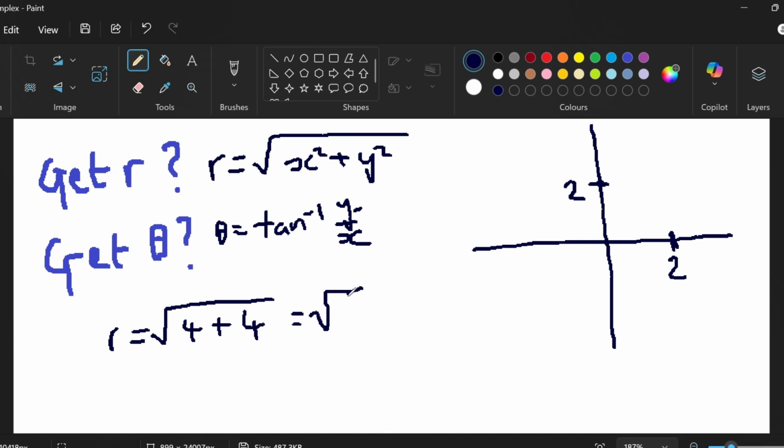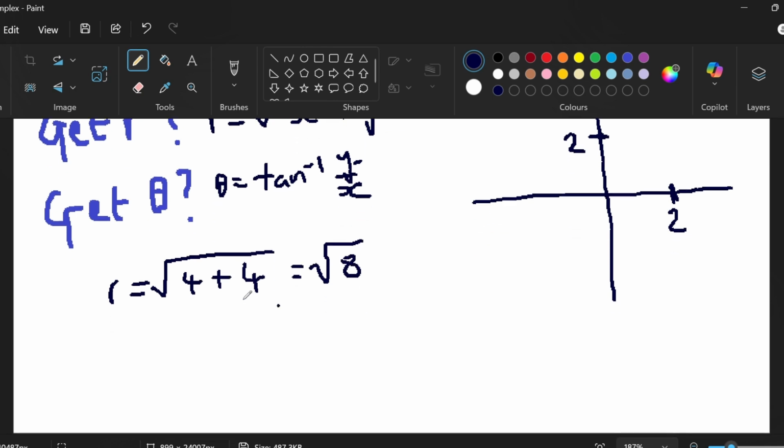It's equal to the square root of 8. And our angle theta is going to be equal to arctan of 2 over 2, which if I type that into my calculator, I get pi over 4 radians.